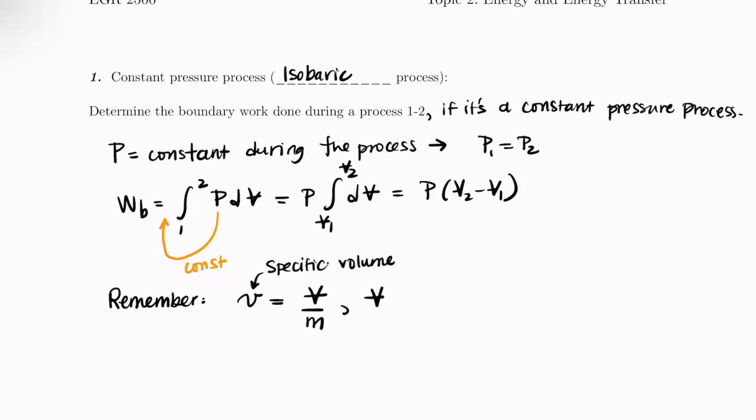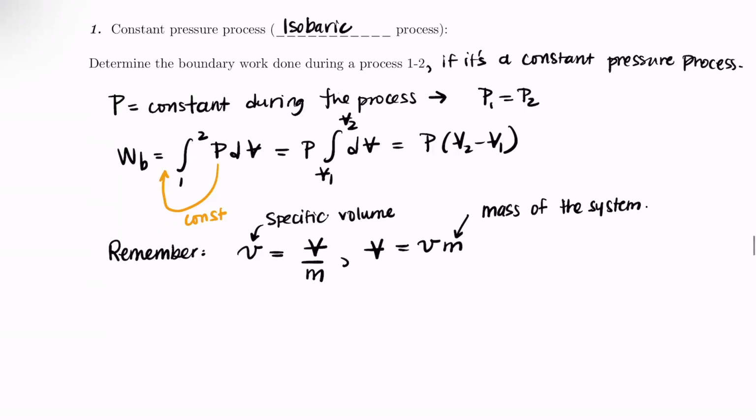In other words, we can write our volume as the specific volume times mass, and m here is the mass of our system. If we have a closed system, what does that mean about m?